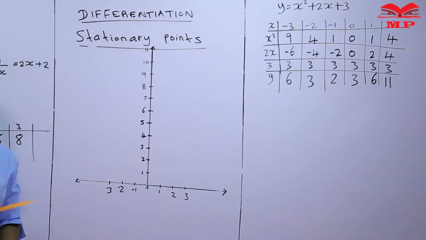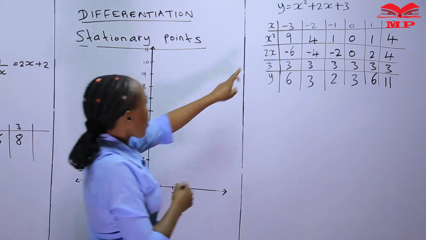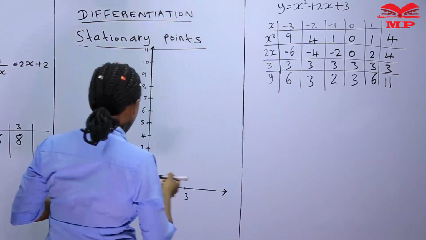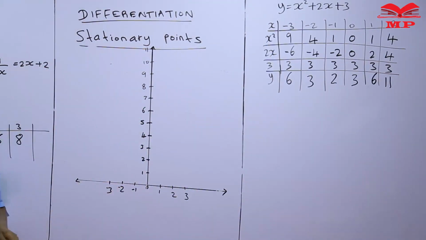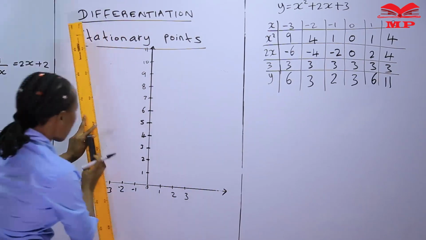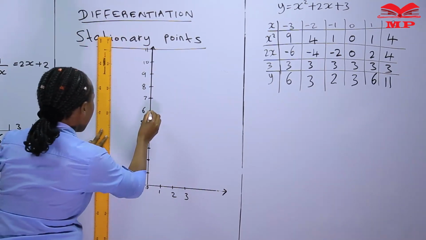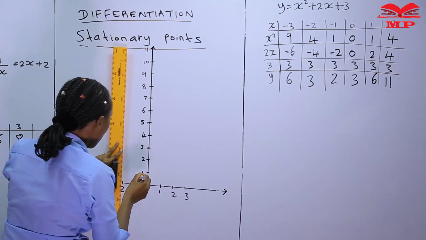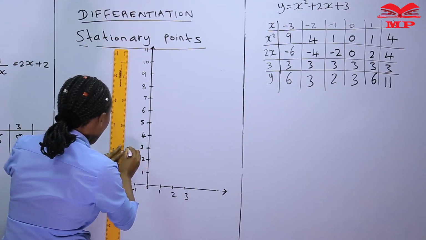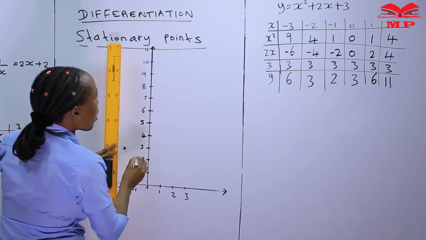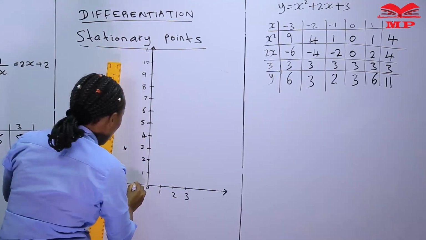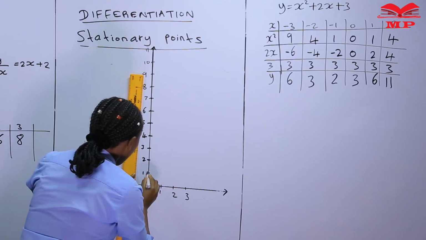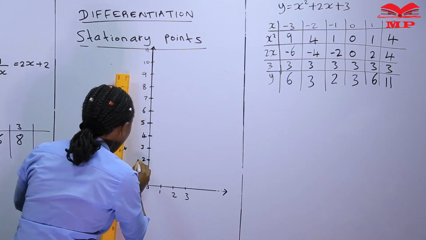We want to plot the points so that we can obtain the curve. We have -3, 6, so we can estimate it to be there. Then we have -2, 3. Then we have -1, 2, which is here.